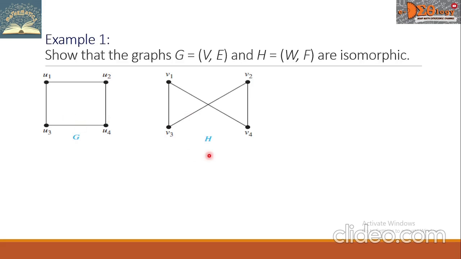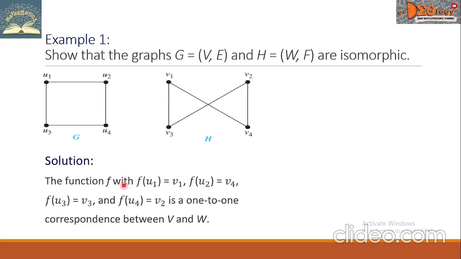These are the two graphs, graph G and graph H. The function f with f(u1) = v1, f(u2) = v4, f(u3) = v3, and f(u4) = v2 is a one-to-one correspondence between V and W.